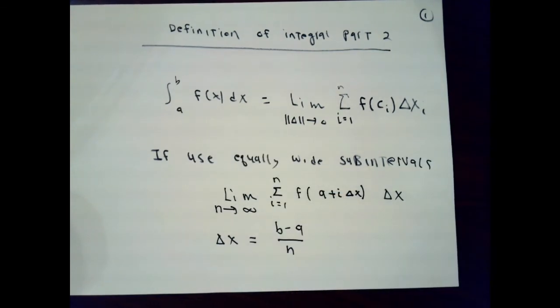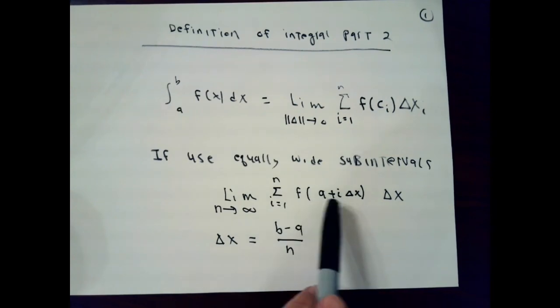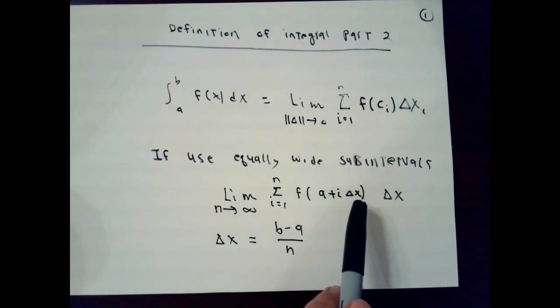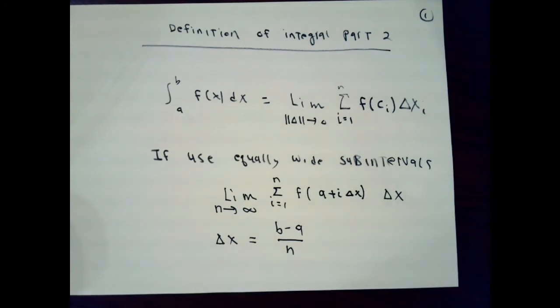If we decide to be lazy using equally spaced subintervals and also using the right-hand ends, we can write the sum i equals 1 to n of f at a plus i times delta x multiplied by delta x, where the delta x is the width of the interval divided by the number of subdivisions. This format is going to be convenient for us at times.